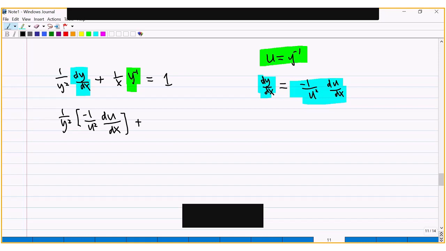Now remember, u is u power minus 1, so this is y here, this is dy/dx, and this is u here. How about y squared? Remember, u is actually 1 over y.